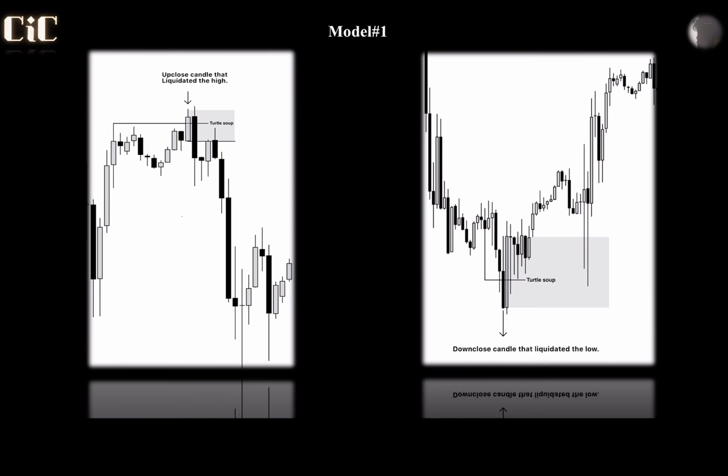Now, what's happening in model number one is not just a pattern. It's the market makers pushing price, enticing new orders and new liquidity into the market. That's how they generate interest in the markets, by pushing price higher or lower, enticing dumb money to get excited and participate in a trade in the false direction.